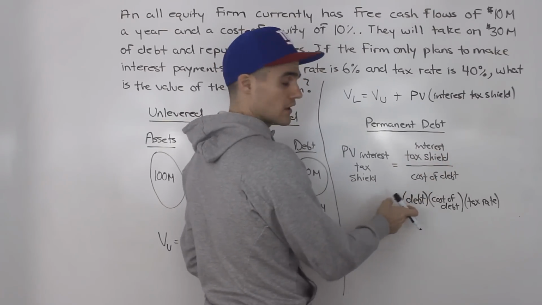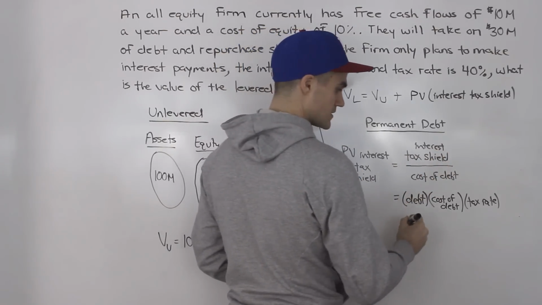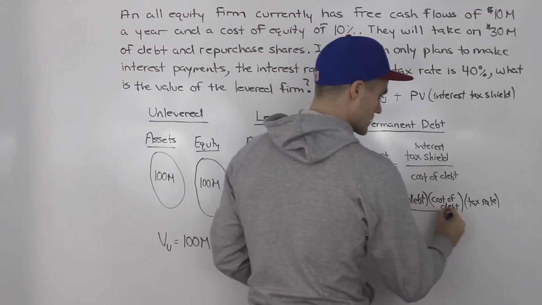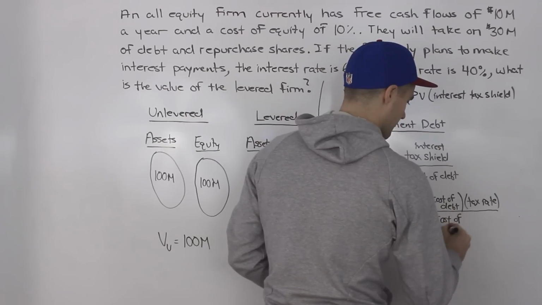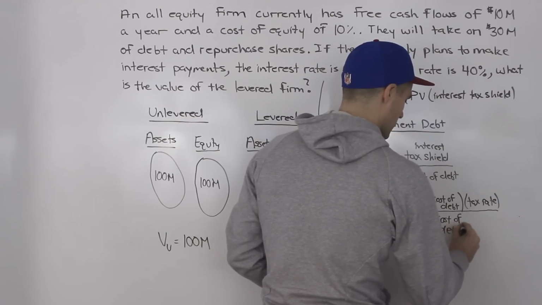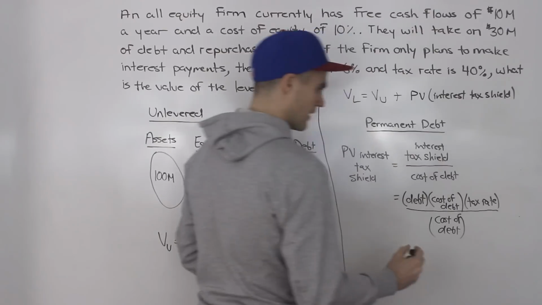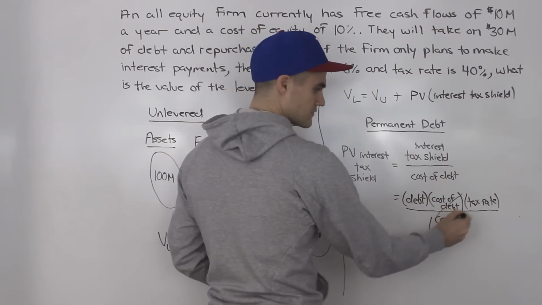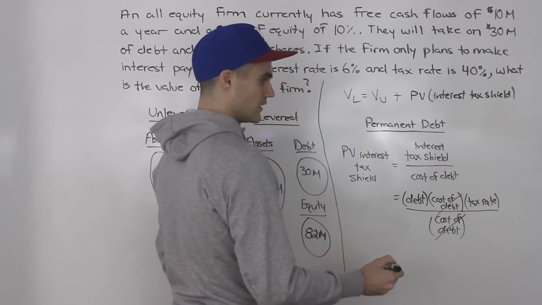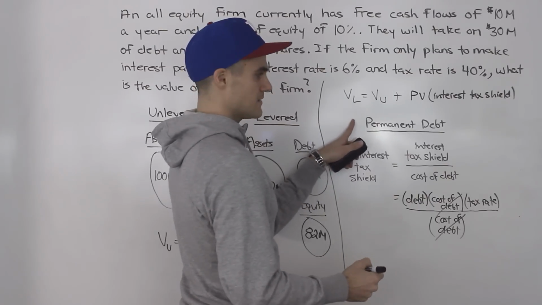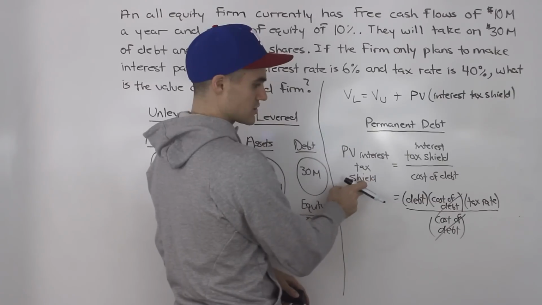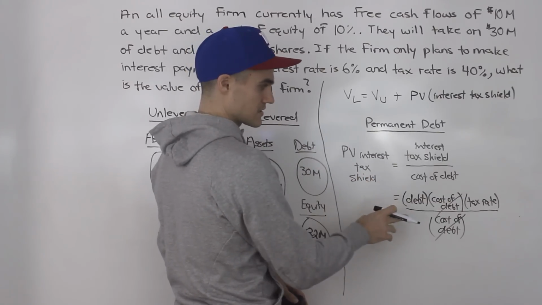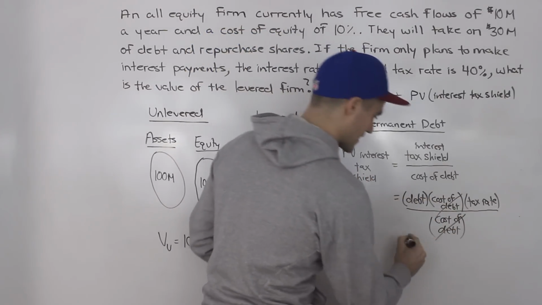We went over this formula in part 1 of this series. And then we're still dividing this by the cost of debt, because it's a perpetuity. And notice here how the cost of debts cancel out. So whenever you have permanent debt, you can actually simplify this present value of interest tax shield process into just the debt times the tax rate.